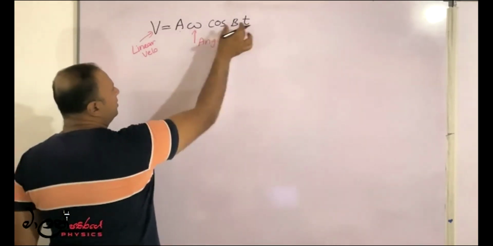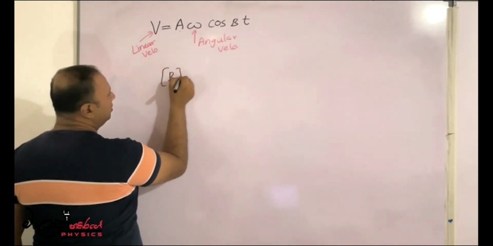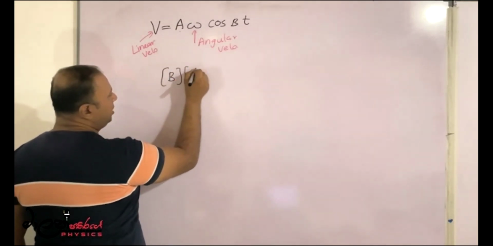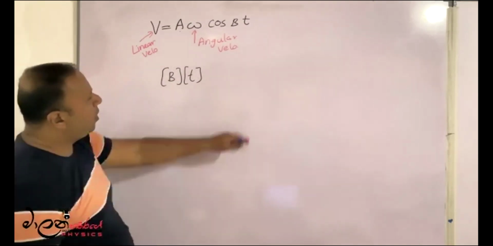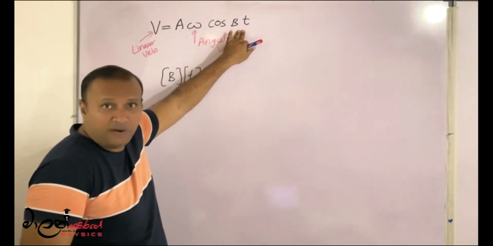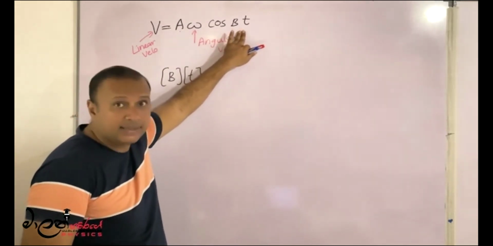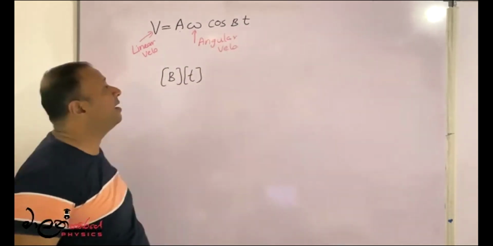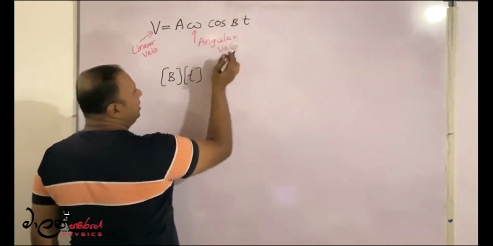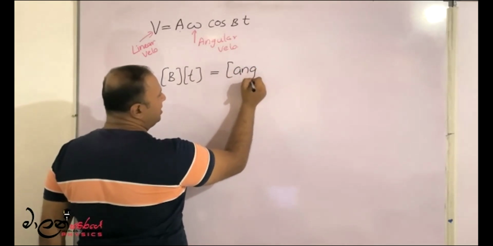Look at this one. B into T. Inside a trigonometric function, there should be an angle. So based on that argument, BT is an angle.